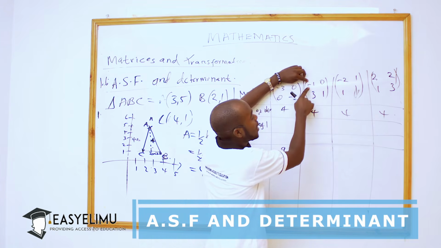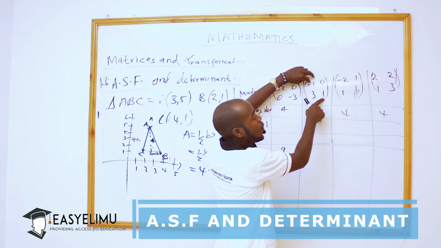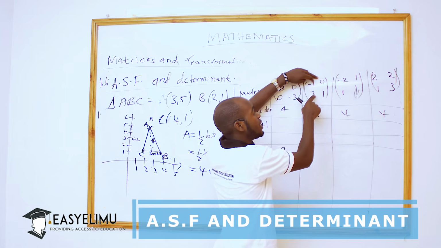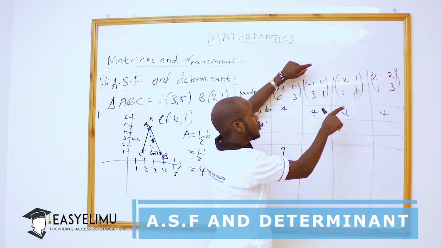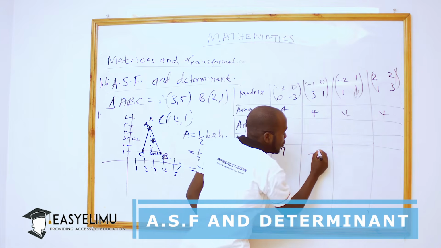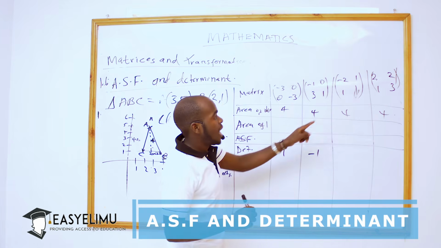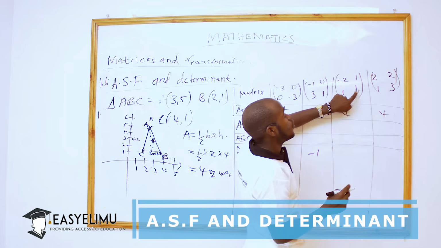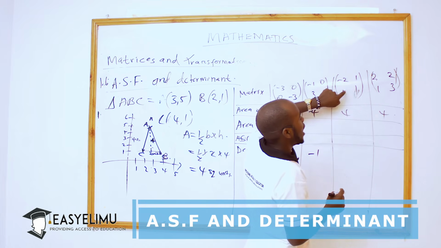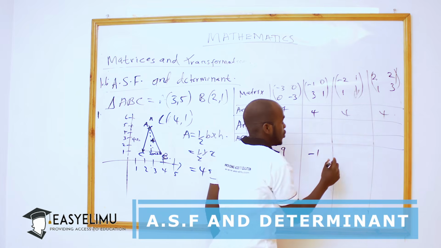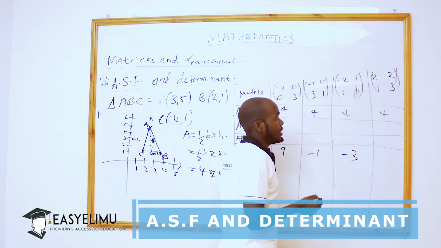And here the determinant will be negative 1 by 1, you get negative 1, by 3, 3 by 0. If you subtract the 2, you get negative 1 minus 0, it will give you negative 1. And the other one is negative 2 by 1, you get negative 2, minus 1 by 1, you get negative 2 minus 1, you get negative 3.